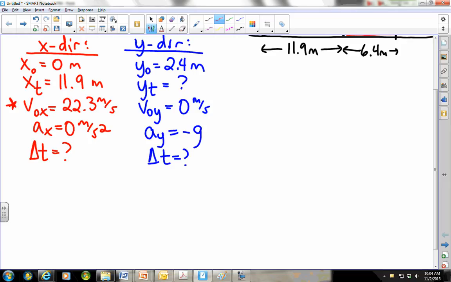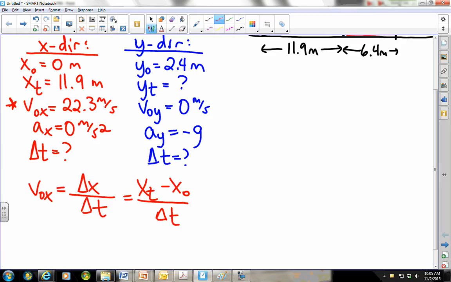So I'm just going to solve for time, and I know that the velocity in the x direction should be the x displacement over change in time. So x at time t minus x0, over change in time.